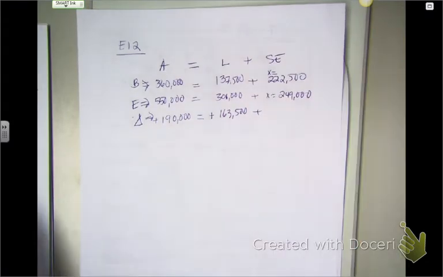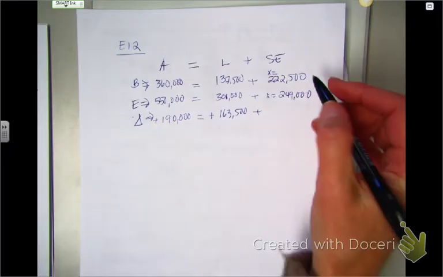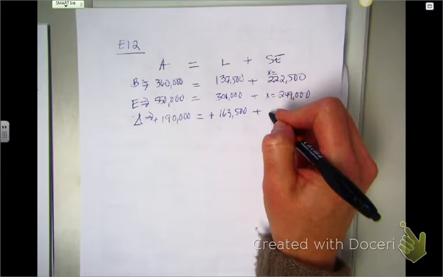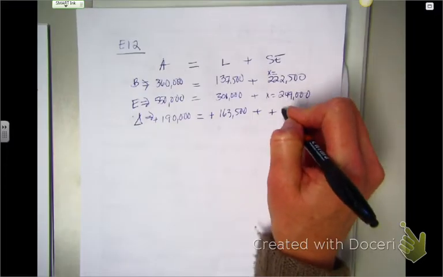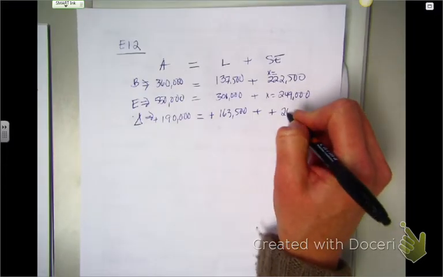And if my stockholders' equity went up from 222.5 to 249, that's a change of 26,500.